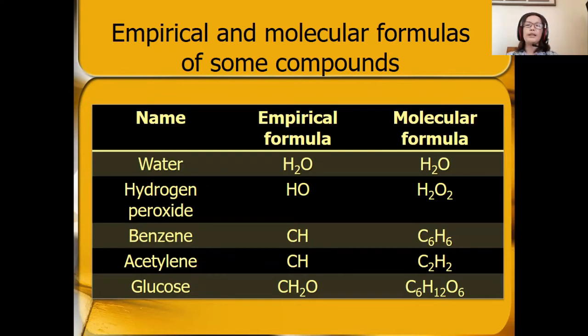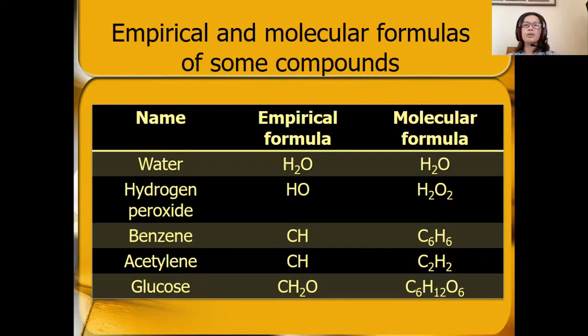Same with benzene. Its true formula, or actual number of atoms in a compound, is 6:6, but we can still simplify this to CH for 1:1. That is its empirical formula.